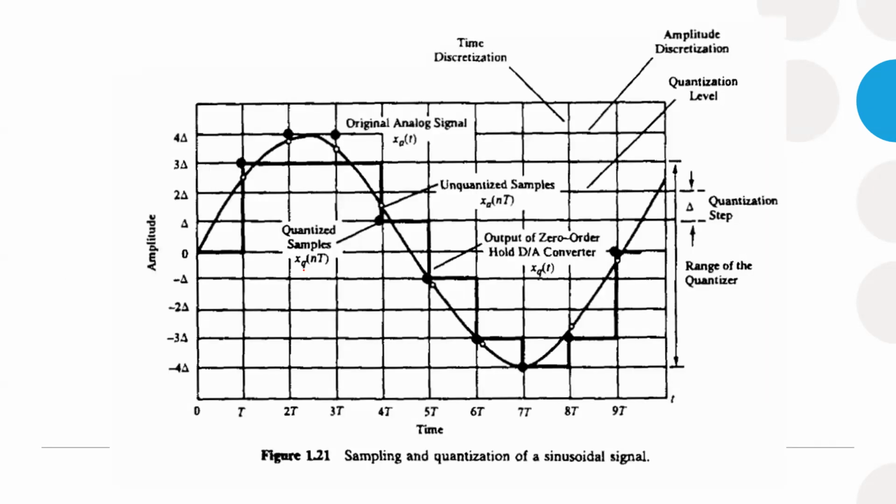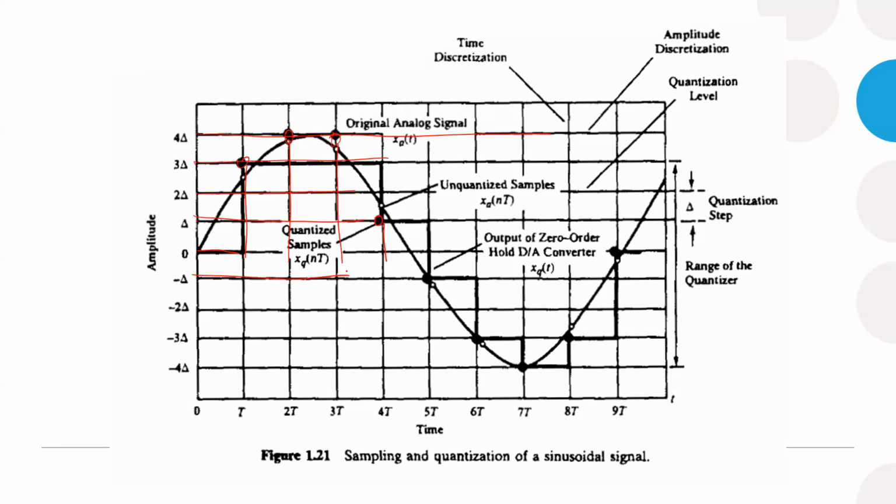Now, this is a graphical representation of the quantization process. This is the analog signal. From the analog signal, first we get this discrete signal. Then from the discrete signal, the amplitude axis is discretized into some fixed levels.